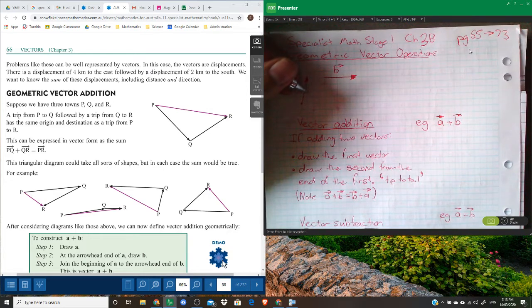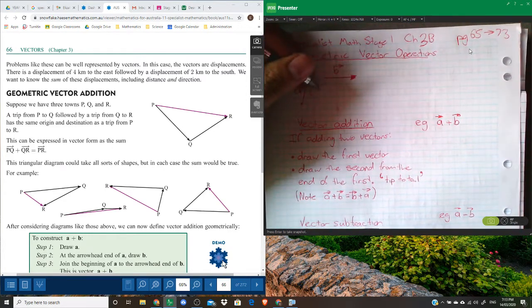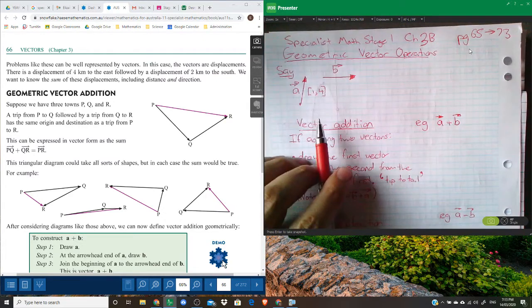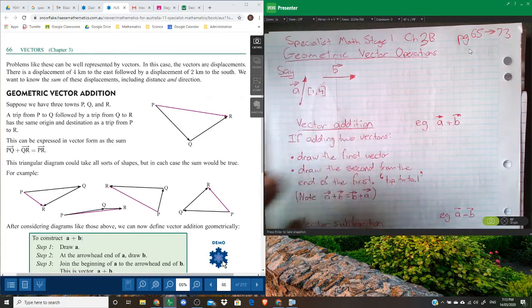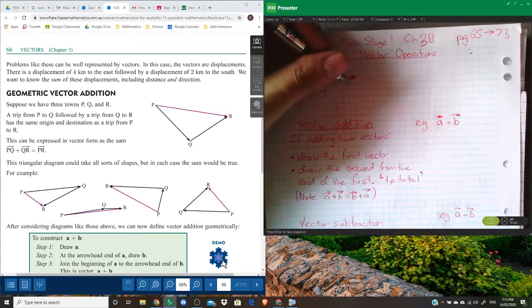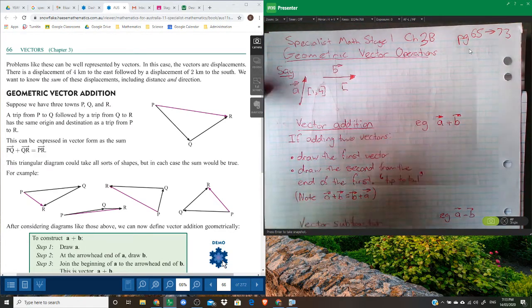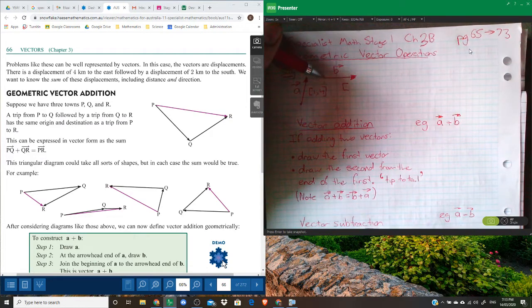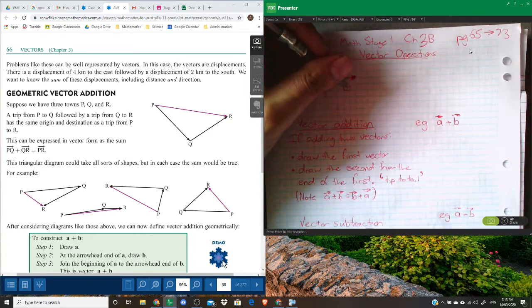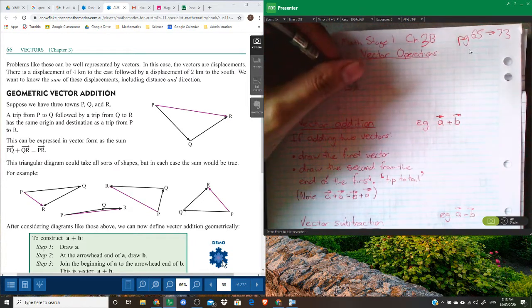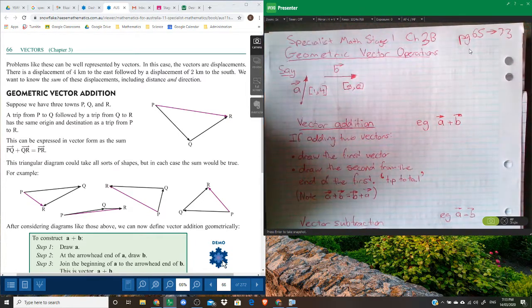So I'm going to say that is 4 up and 1 right. That notation I'm writing there will come up in a future lesson, but we won't worry about that right now. It just helps at this point when we're drawing these. This one, B, is 1, 2, 3, 4, 5 to the right, and no movement vertically. So we have those two.